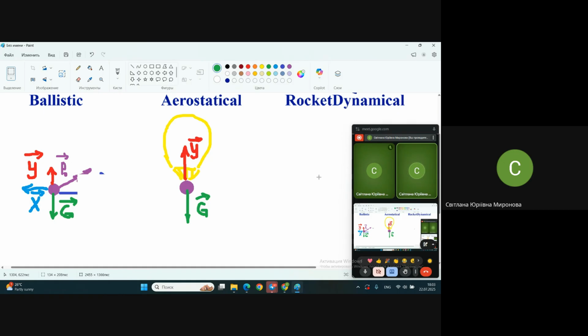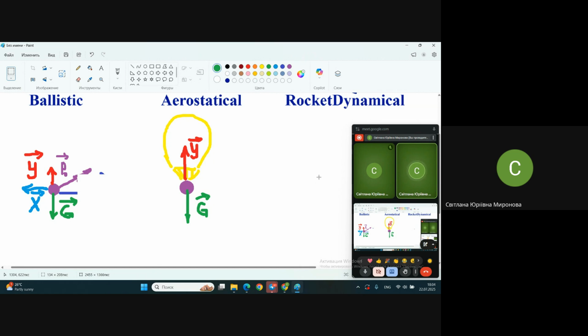No propulsion system. In case we're talking about the clean aerostatical principle, when we have only buoyancy force that pushes the aircraft up, no horizontal forces. It means that this aerostatical vehicle is able only to climb and decline, to move up, to move down.